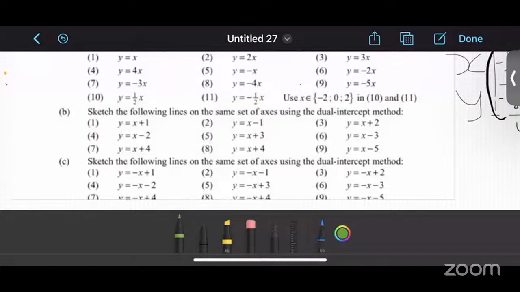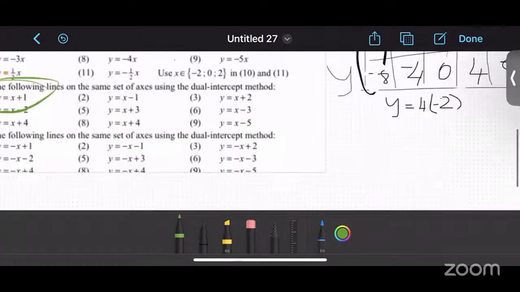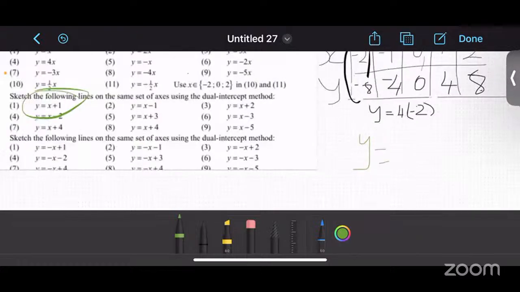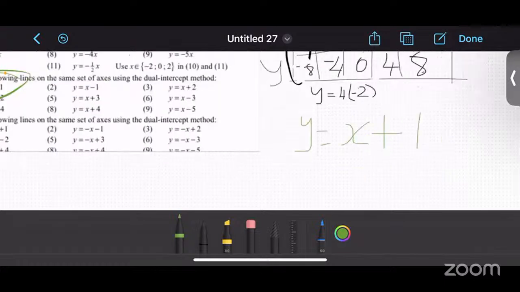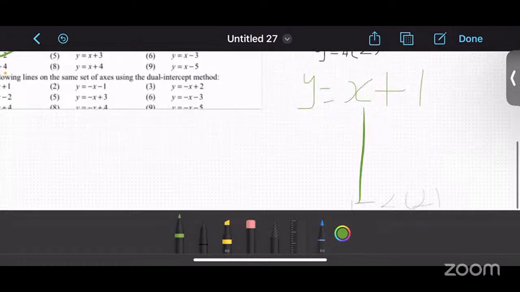B says sketch the following lines on the same set of axes using the dual intercept method. Do you guys remember how to use the dual intercept method? Basically, you're going to take your formula, y is equal to x plus 1, and then check for your x-intercept and your y-intercept.